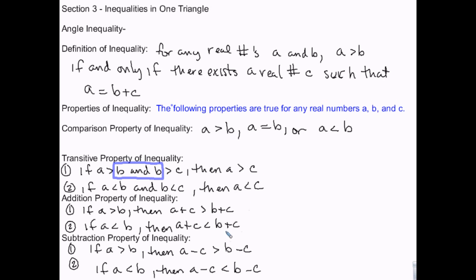Now you'll notice I'm not doing multiplication or division. With an equal sign, multiplication and division work. But with a less than or greater than, that's not necessarily true anymore because if I throw negatives in there, it will change the truth. So I can't use them. So it's just adding and subtracting where that's still true.